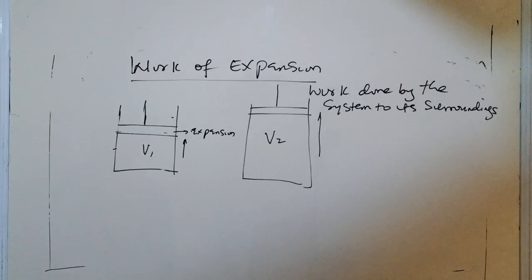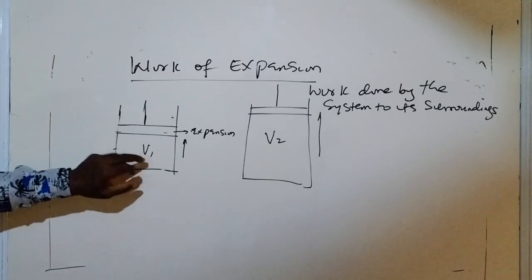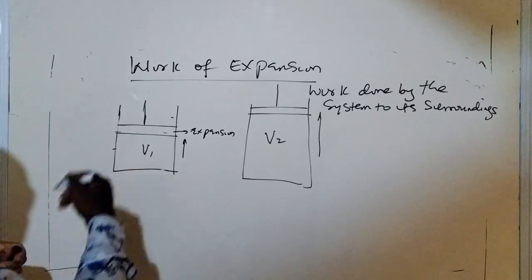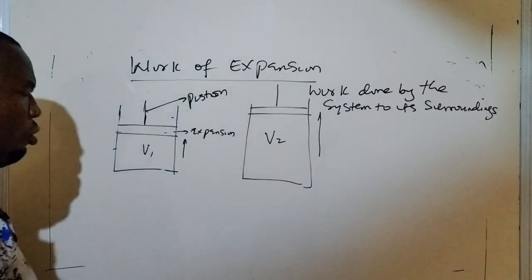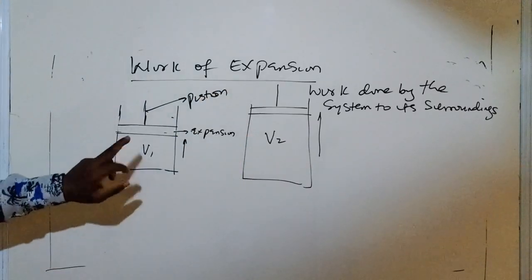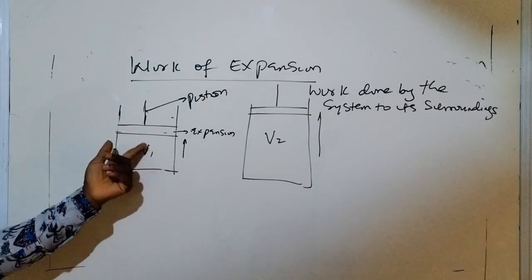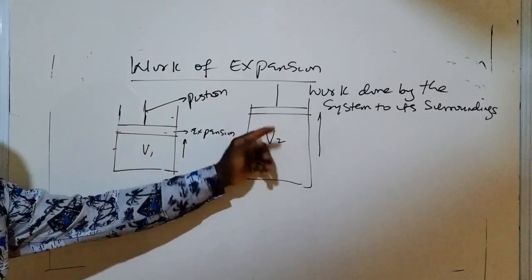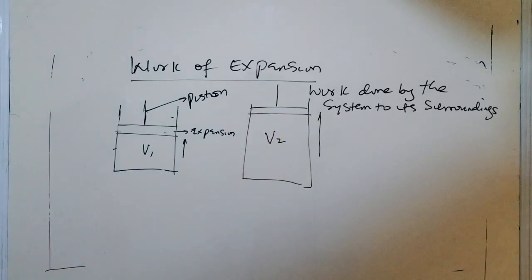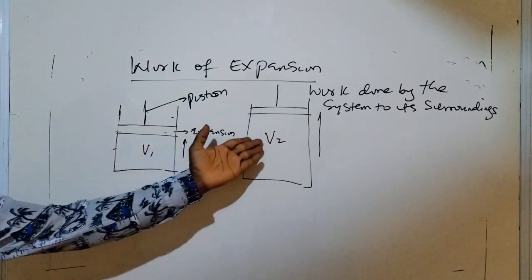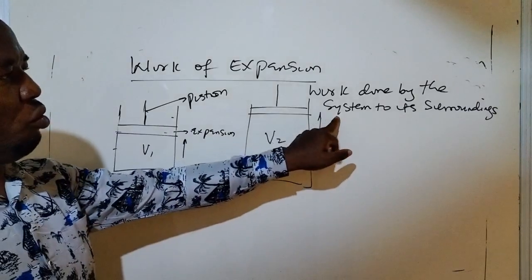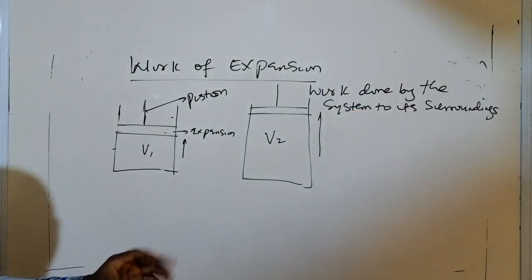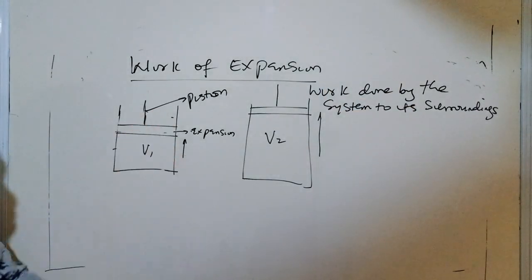So let's assume that this is the initial volume of the gas in the container, and this is a movable piston. So the initial volume is V1. As the gas expands, you're going to push this piston up to get a new volume V2. Now, in this situation, when we have work of expansion, a gas expanding, lifting the piston up, we say that work is done by the system to its surroundings.